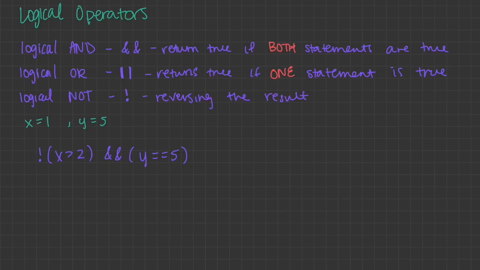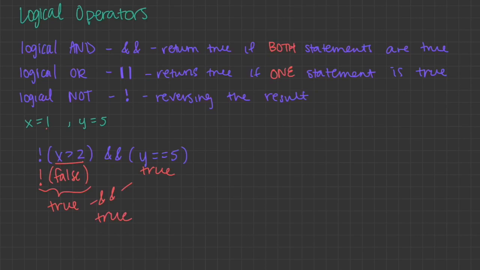X is greater than 2 is false because x is 1. But now we need to reverse the result because that's a logical NOT. So then this is now true. Now let's look at the other side. We have y is equal to 5. That guy is true. So now if we do true and true, that is going to return true.